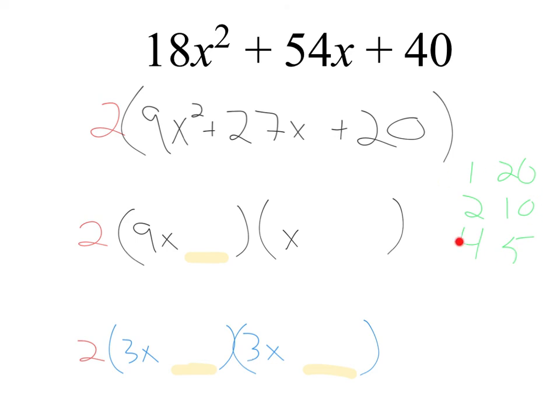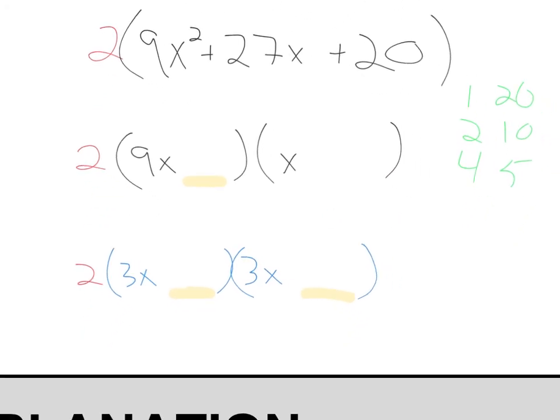But looking at all these numbers, there is no factor of 3, so pretty much anything is fair game. Just like before, anytime you see a situation where both numbers are the same, I would suggest starting off there, because then we don't have to worry about which number goes where. All right, we got a positive 20, and this middle number is positive, so these will both have plus signs in here.